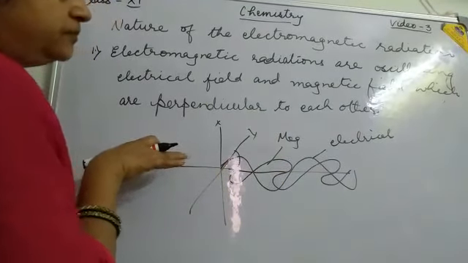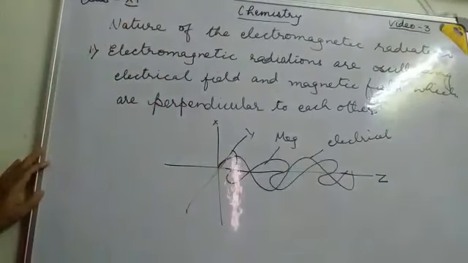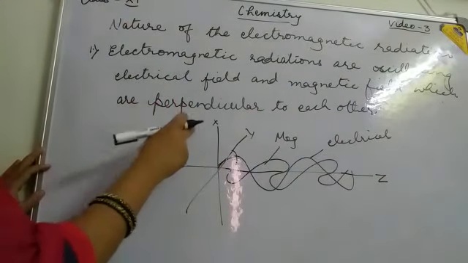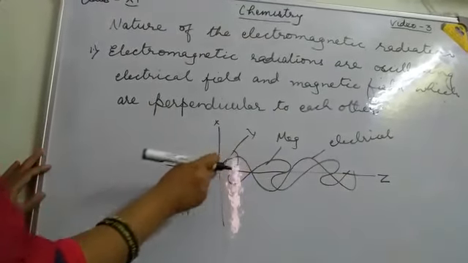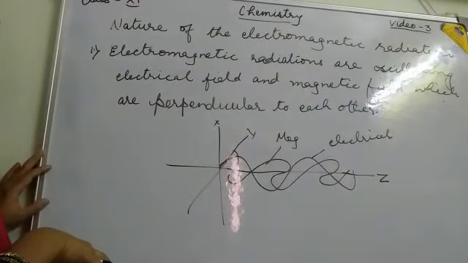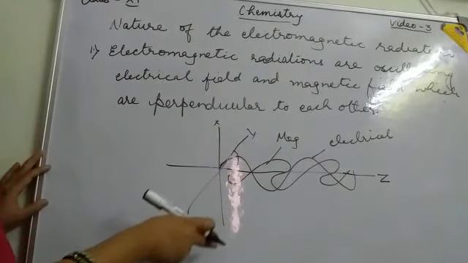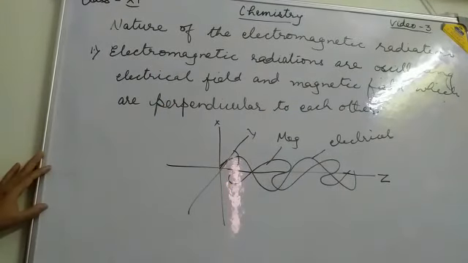So the direction of the wave is along the z-axis. The x-axis is the electrical wave, the y-axis is the magnetic wave, and because these two are perpendicular to each other, the direction will be along the z-axis.